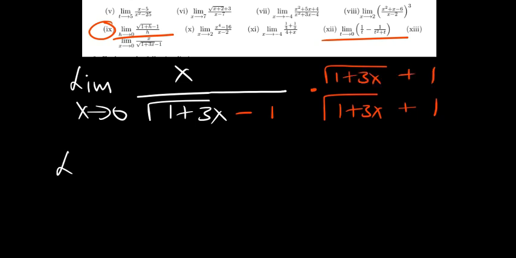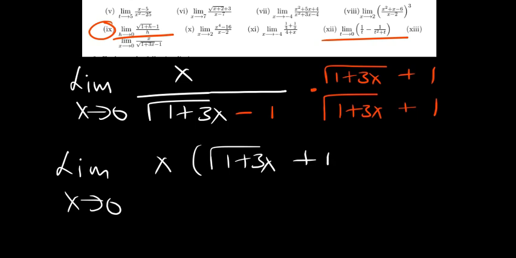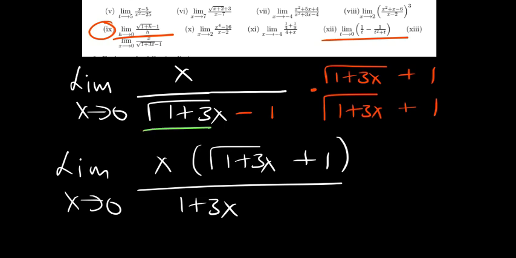So what you're going to remain with, by the way, feel free to pause the video and try this one out on your own. So the numerator, you're going to remain with x multiplied by root of 1 plus 3x and then plus a 1. Denominator, you're going to have 1 plus 3x, since when you multiply the like parts, the square root will go, and then negative 1 times 1 is just going to be minus 1, right?